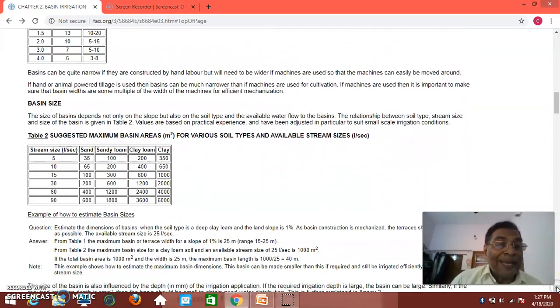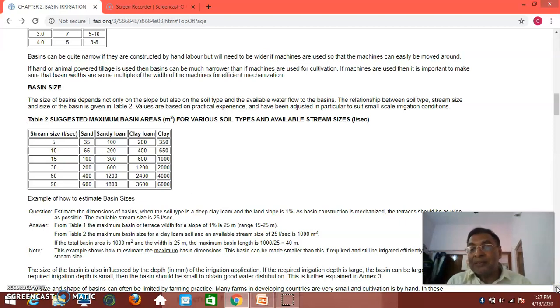Similarly, basin size, as in the last slide before this video, when we were talking about the various soils. This is the stream size in liters per second, and these are the various soils, and you can see the size of the basin in square meters.